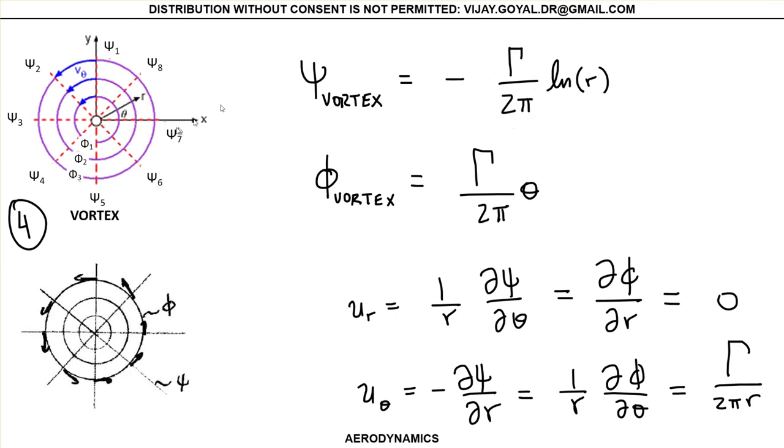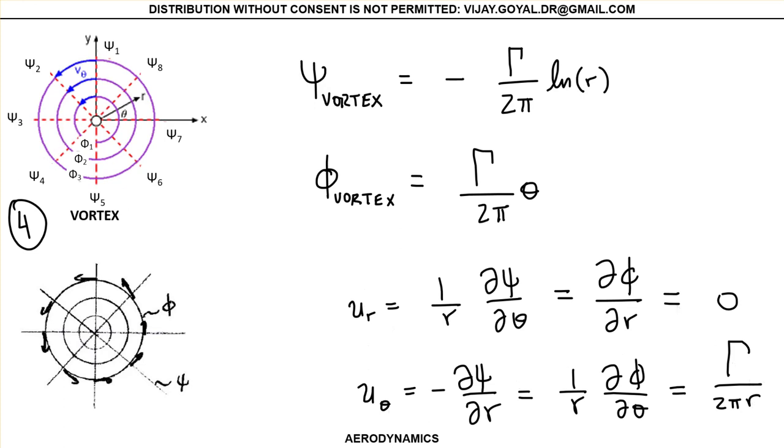Gamma is the circulation, as we already have talked about. And this is the potential, and this is the stream function, and your velocity then is given: u_r is 0, u_theta is gamma over 2 pi r.